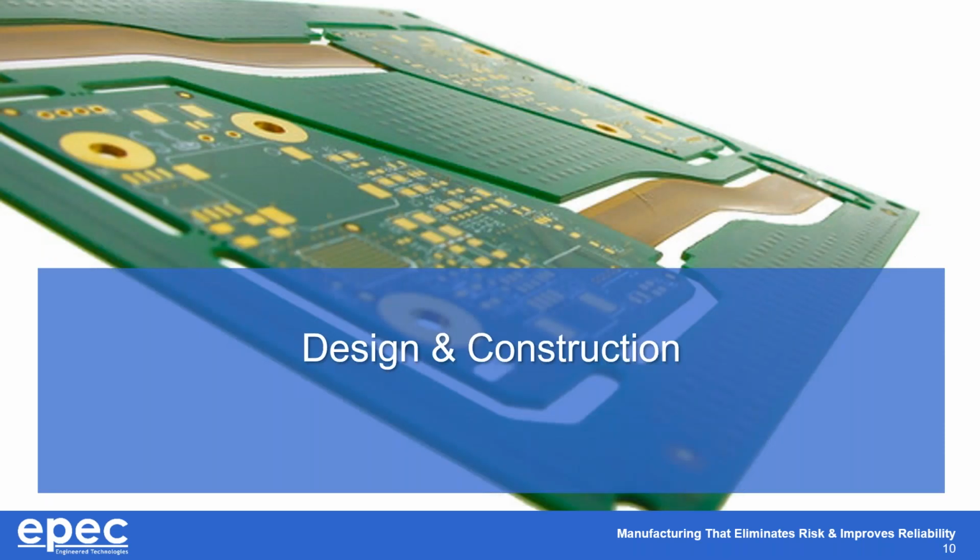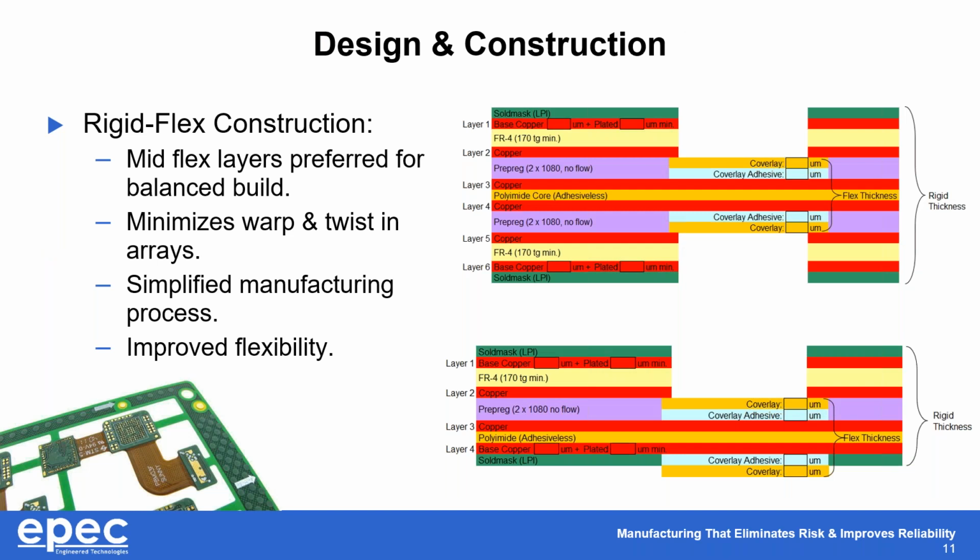So moving on to design and construction items. Rigid flex construction, there are a wide variety of combinations that could be performed, or configurations that can be applied, I should say. From the top image, that is the preferred configuration. The flex layers are located in the center of the material stack up.